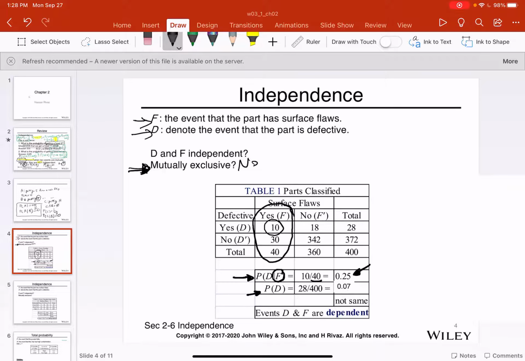That's the total number of defectives, 28, divided by 400. And we clearly see that these two numbers are not equal. Since they are not the same, D and F are dependent, or D and F are not independent. So the answer to this will also be no.